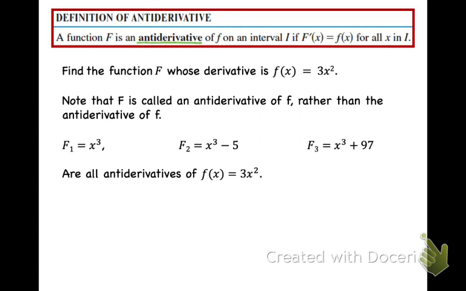Opposite. So you're undoing a derivative. So it's saying F prime equals f if it's the antiderivative. We're going to take a derivative back to the original function. That's pretty much all that's saying.